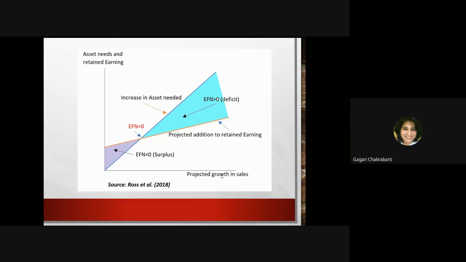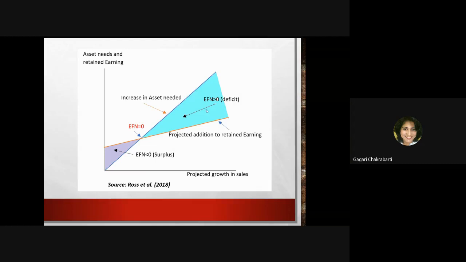But here we are not assuming that. So this is the point where no external financing will be required. This will lead to some more important indicators that we shall talk about later on, and these two will be very important for evaluating the firm's health.